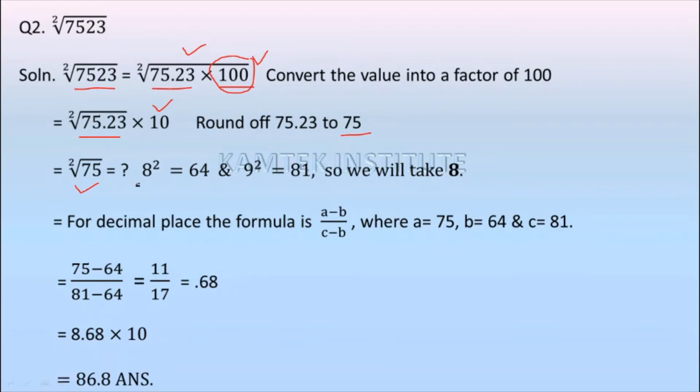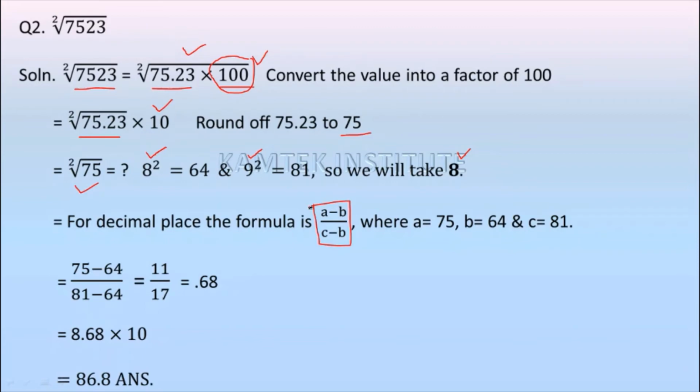We also know that 75 lies somewhere between 8 square, that is 64, and 9 square, which is 81. So the answer to square root of 75 is 8 point something. We know the whole number is 8, but what is the decimal part? We need to find it out by using the formula (a minus b) upon (c minus b).